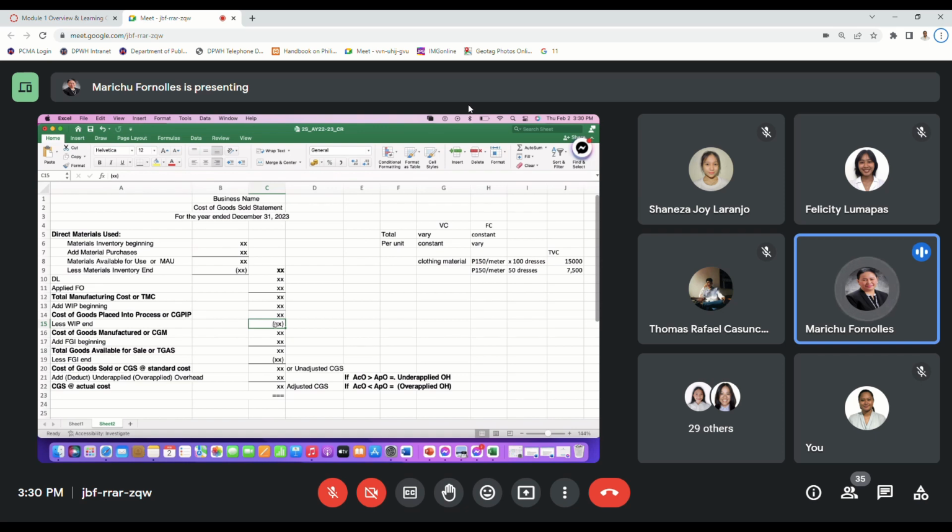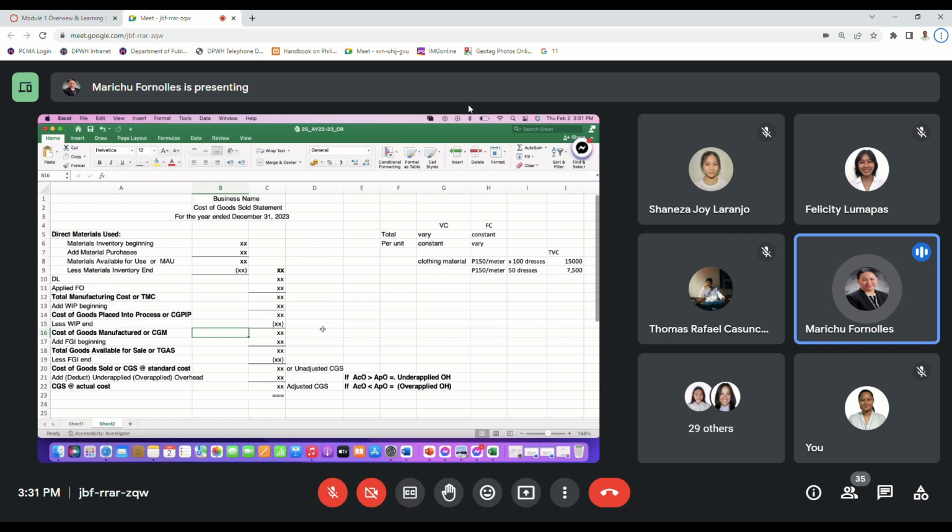So after deducting the work in process end from CGPIP, you get your cost of goods manufactured or CGM. This is the total cost of the jobs that will be transferred out from work in process to finished goods inventory. So the status changes. If the job is still in process, then that will be recorded as part of your work in process inventory.